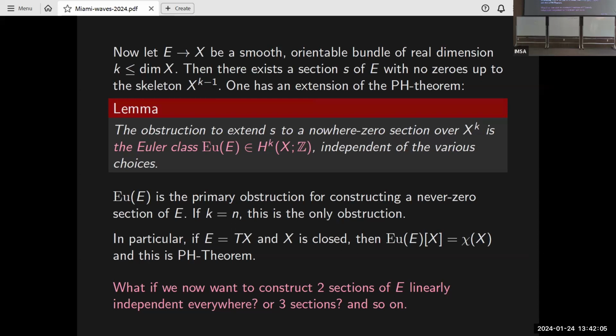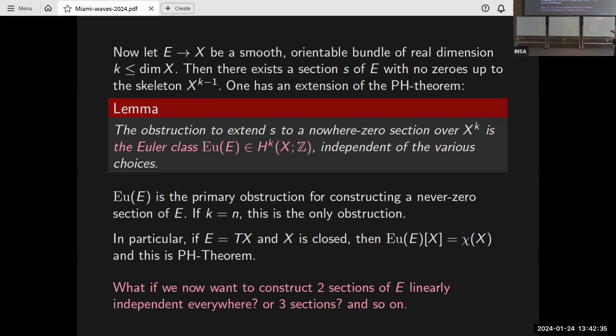Assuming that the fiber dimension is less or equal to the dimension of the base, for simplicity, it's an exercise to show that you can always build a section over the skeleton of dimension k minus one, and not beyond because the fiber is highly connected.